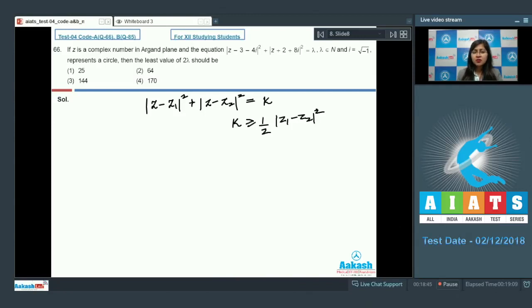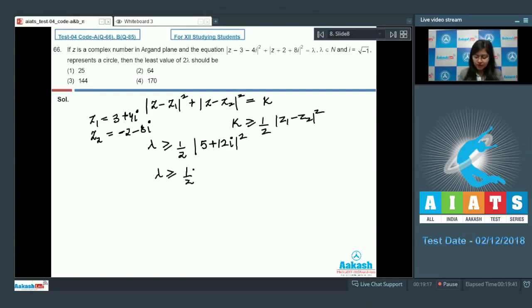So comparing the given equation with this, we can see that lambda should be greater than or equal to half into mod of, here z1 will be equal to 3 plus 4 iota and z2 will be equal to minus 2 minus 8 iota. Therefore, it can be written as 3 plus 4 iota plus 2 plus 8 iota, right? So, it can be written as 5 plus 12 iota mod whole square. That is, lambda is greater than or equal to half into, this will be equal to 169, right?